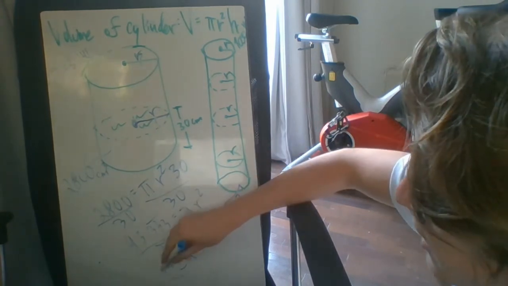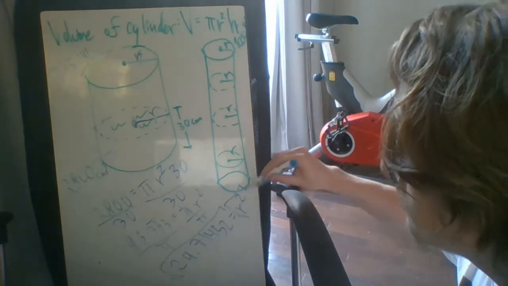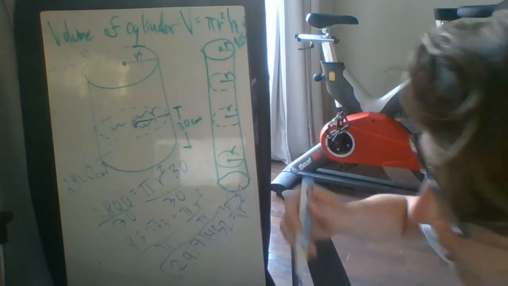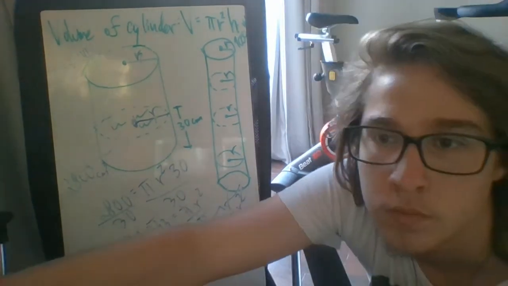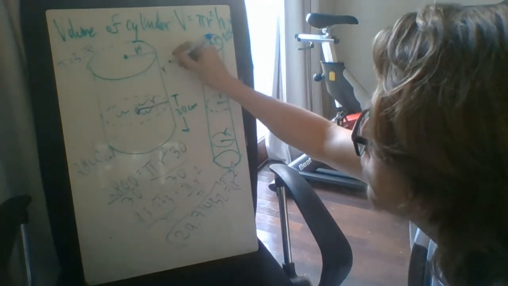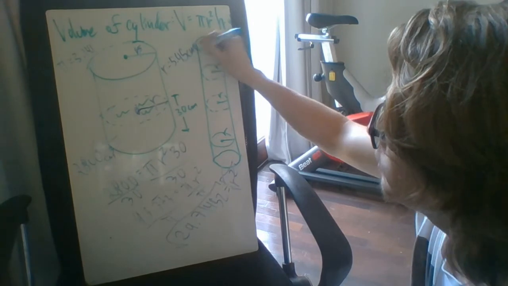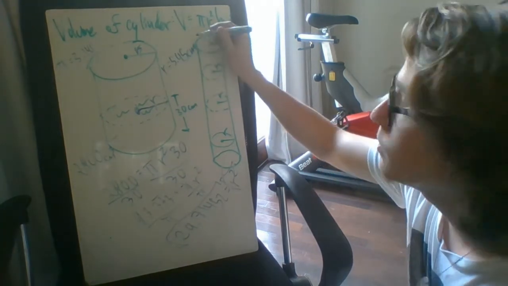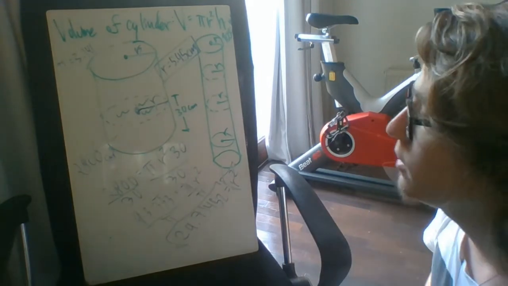We square root both sides to get rid of the r squared, and that gives us r equals 5.45. We state it in centimeters because it's distance, and that is the final answer.